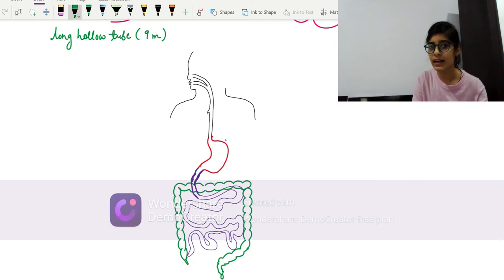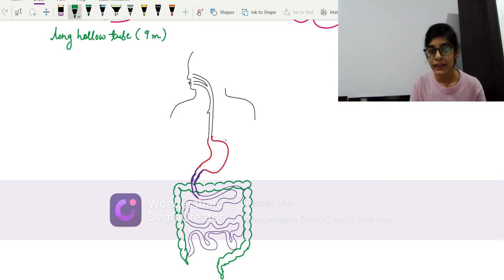This alimentary canal starts from the mouth somewhere here, and it ends at the anus somewhere here. So our height is not 9 meters. So how can this alimentary canal be accommodated in us? Yes, it is possible.